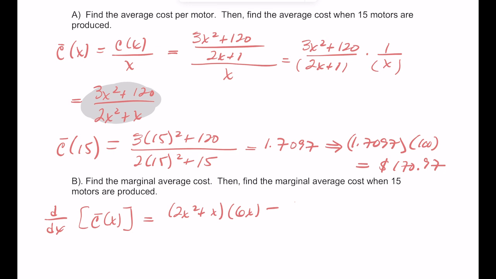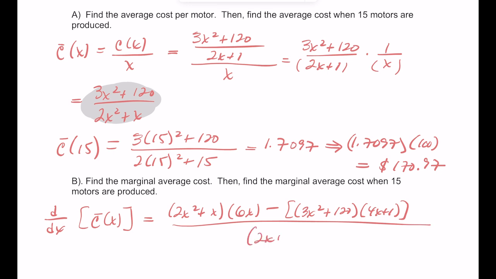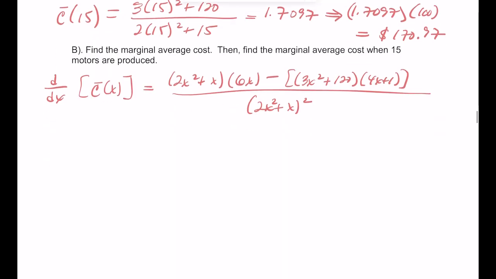So u is going to be 3x squared plus 120, and then times v prime, which is 4x plus 1. And then it's all over 2x squared plus x, squared. So that's v of x squared.